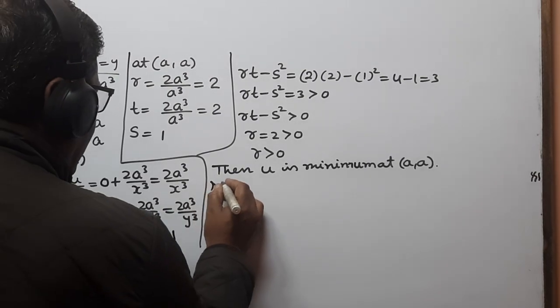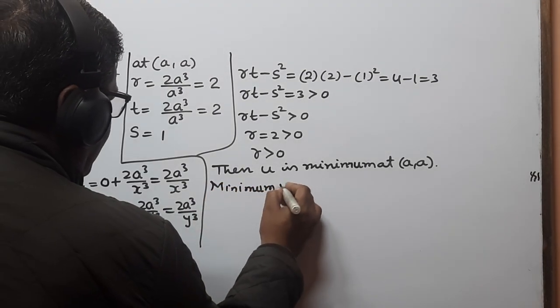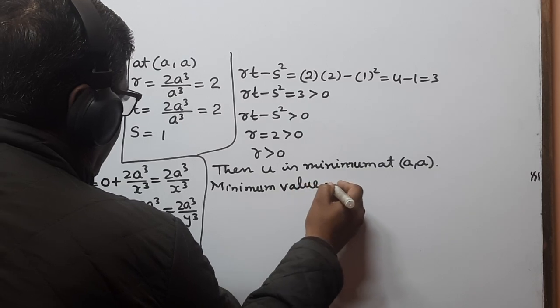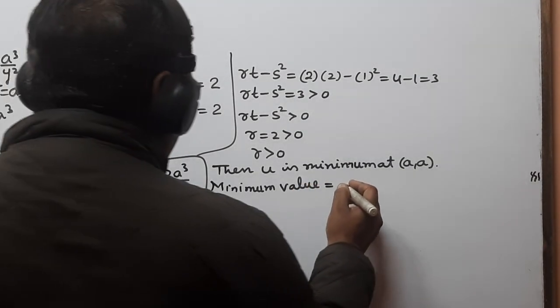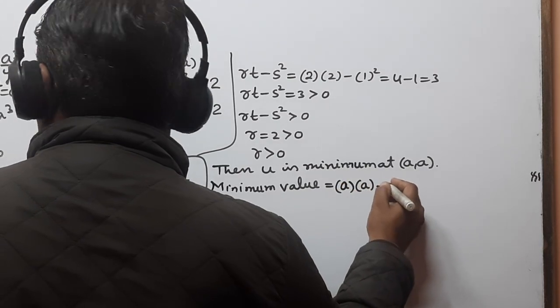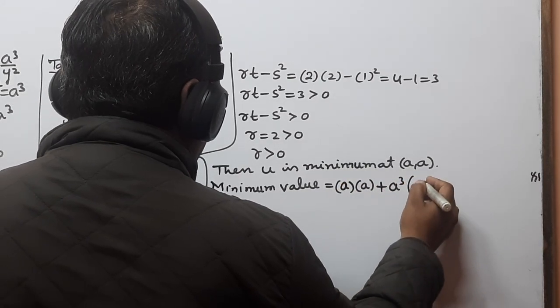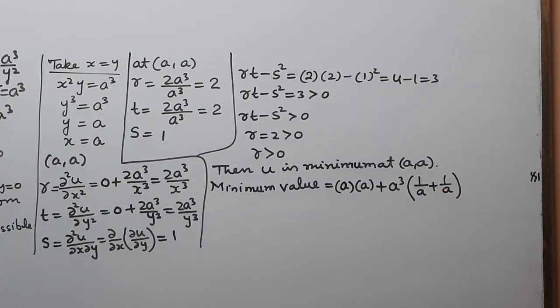Now we find the minimum value, so we put this point in the given function. The given function is xy plus a cube times (1 upon x plus 1 upon y). For finding the minimum or maximum value, we put the point in the given function.